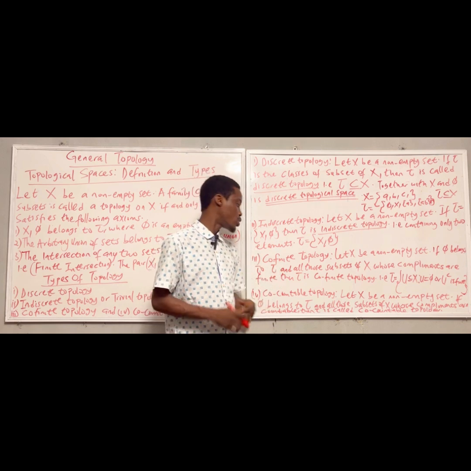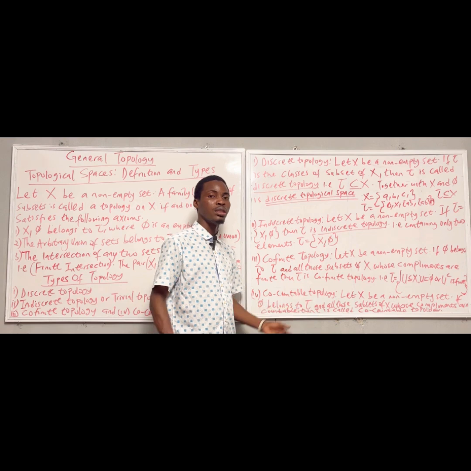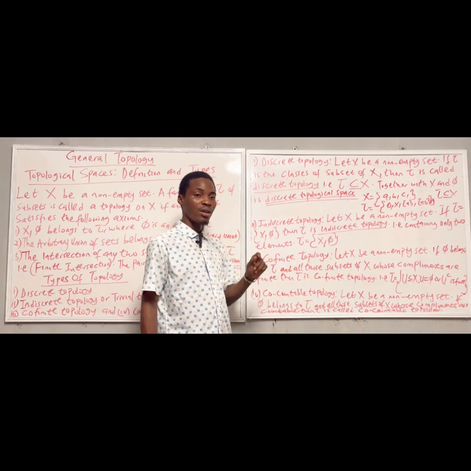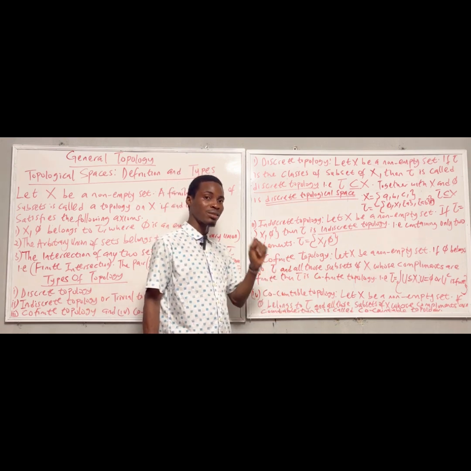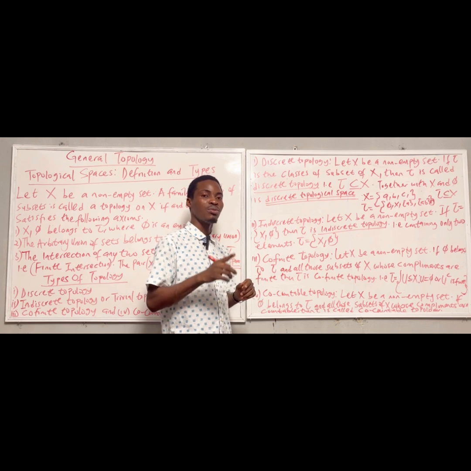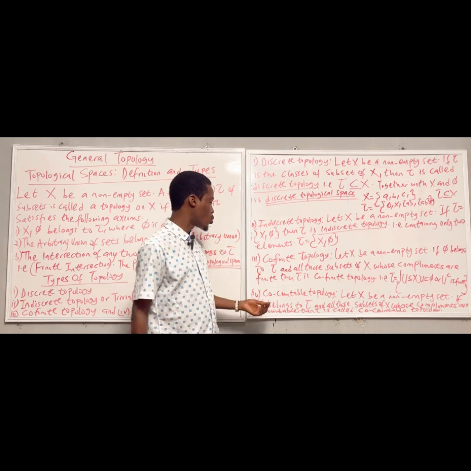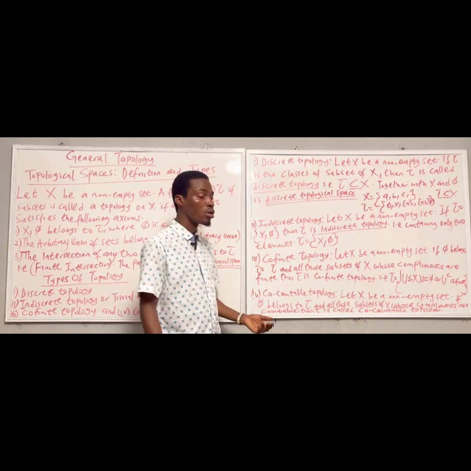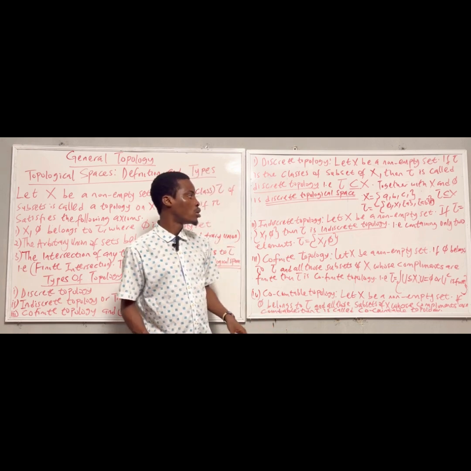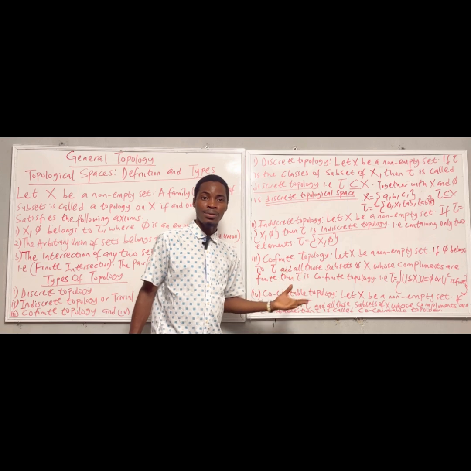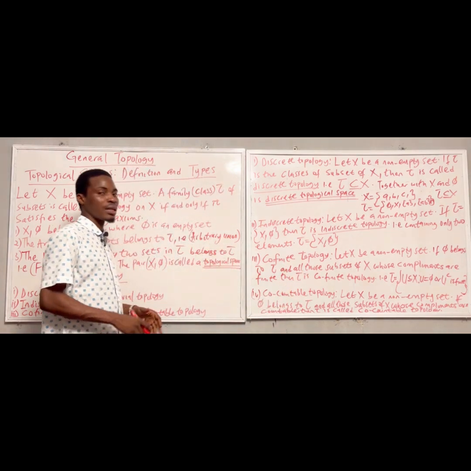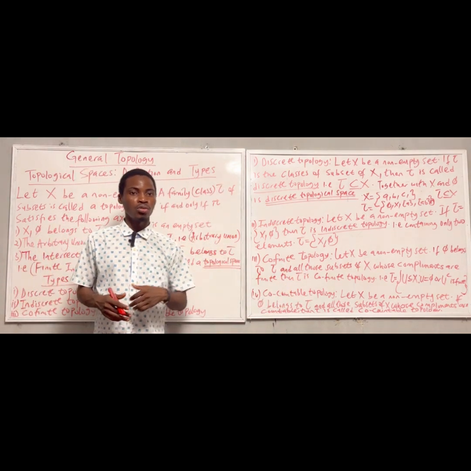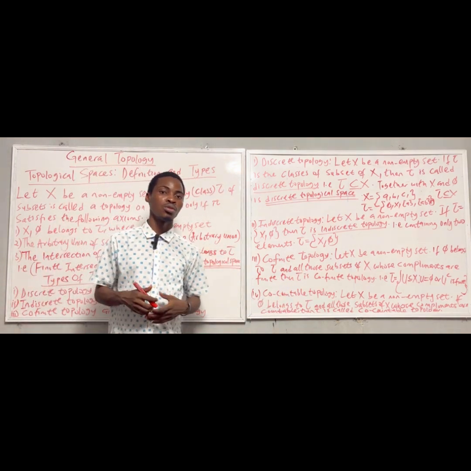But in co-countable topology, the subsets of X have complements that must be countable. So when the complement of the subset is countable, we call it a co-countable topology. These are the types of topology, and I've explained them. Stay tuned to watch my next video on examples of topology.